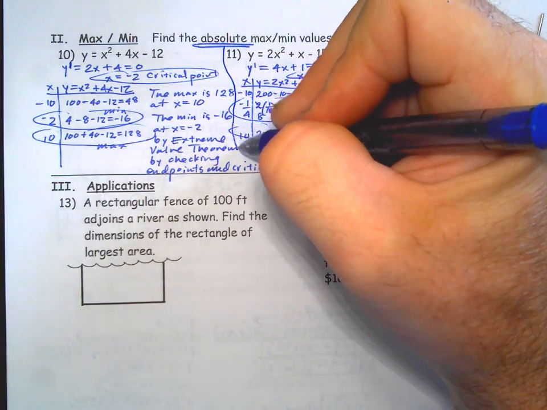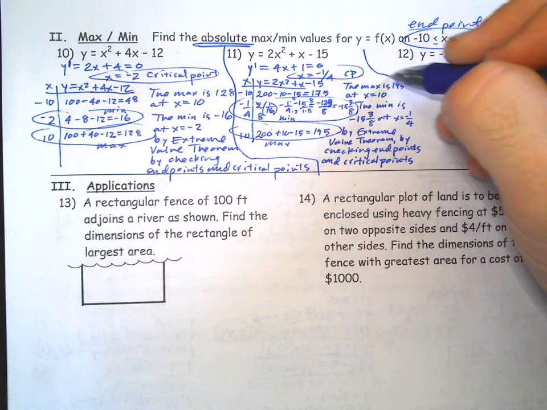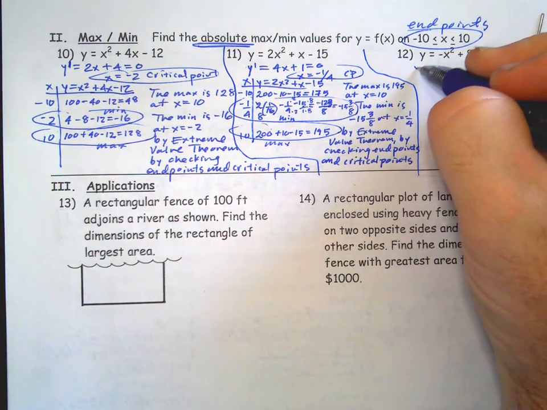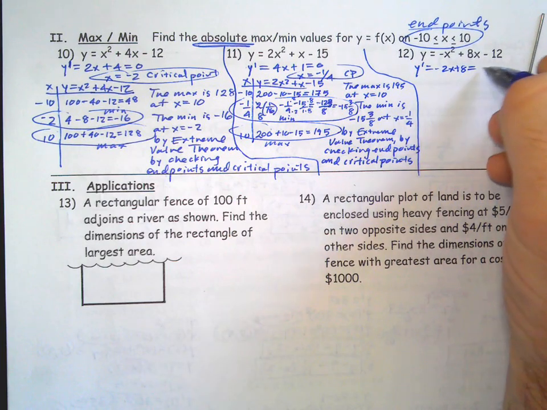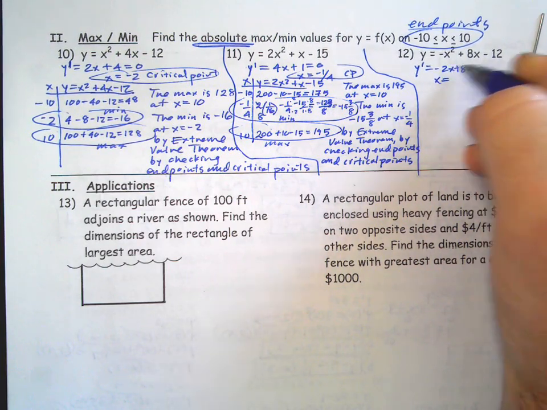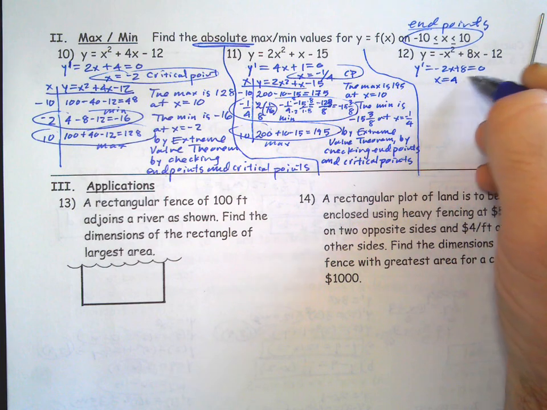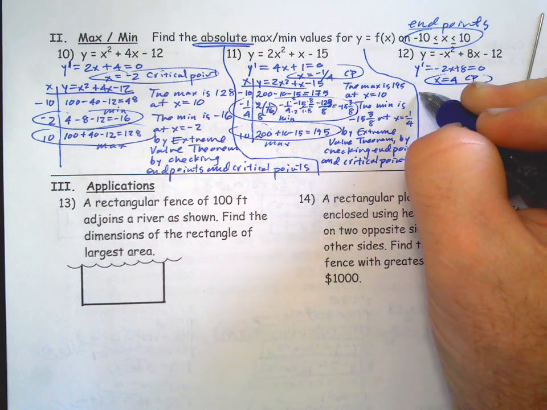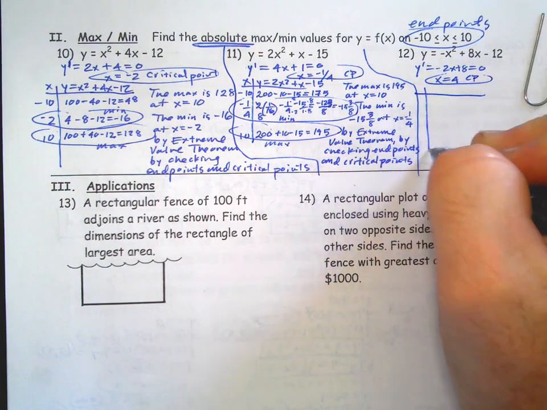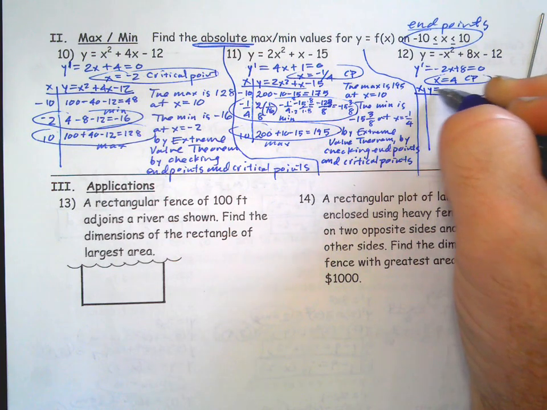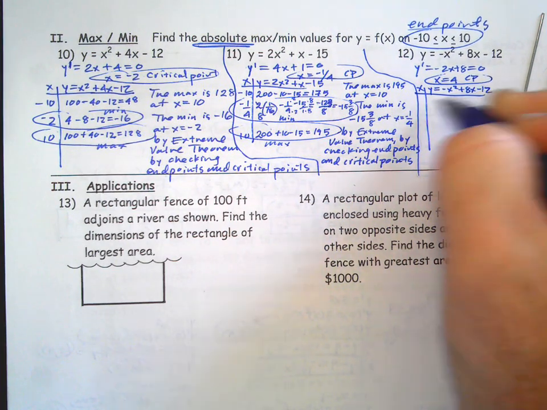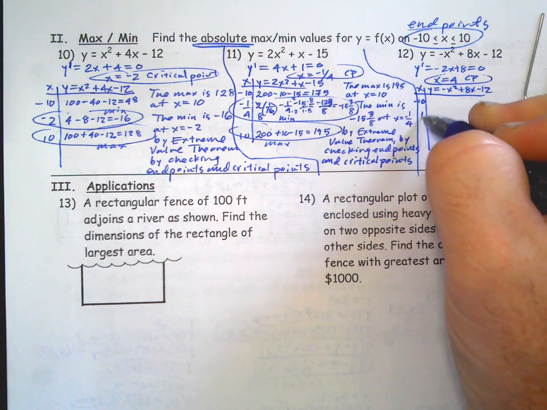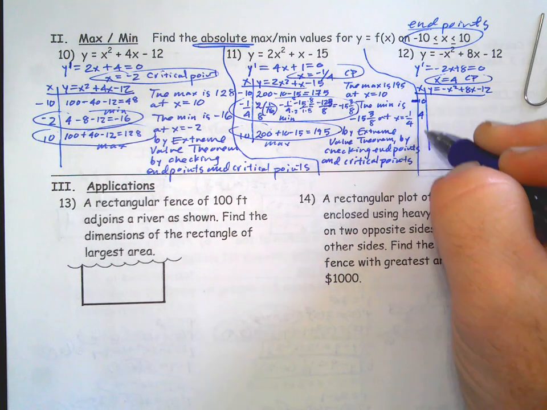Okay. y prime equals negative 2x plus 8 equals 0. X equals negative 8 divided by negative 2 is positive 4. That's your critical point. We're going to make a table. Negative 10, 4, 10. So we're using the same endpoints for all these.